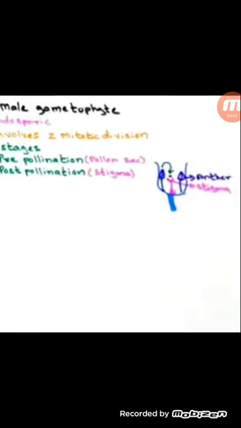Now, look at this. Anther. Okay, this is the anther. What is in the anther? Pollen grain. That pollen grain falls on the stigma.